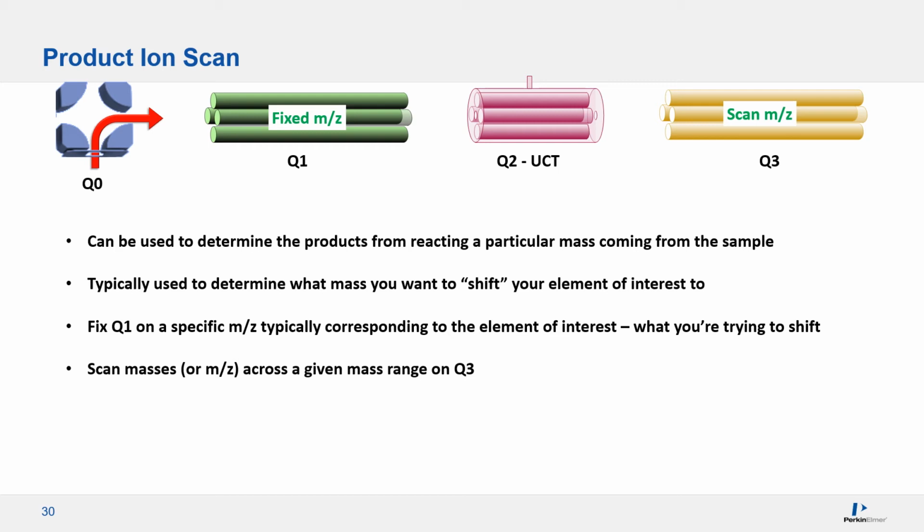Many elements create cluster ions with gases such as ammonia, oxygen, methane, and others. Instead of removing interferences on an analyte mass, the mass shift quantitative mode moves an analyte ion as a cluster to a higher mass where no interferences are present. Therefore, we use the product ion scan during the method development phase to provide greater insight into what is happening.